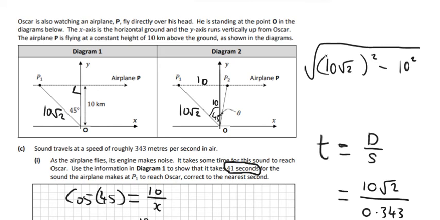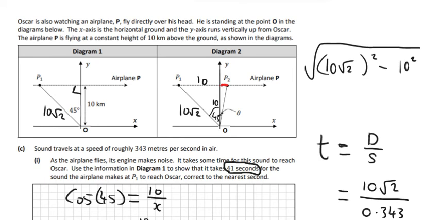Right, we want to work out theta eventually. The key thing here will be that little right angle triangle there. I didn't draw that very well, but that's what we're going to use. So the key thing here is actually this little bit.